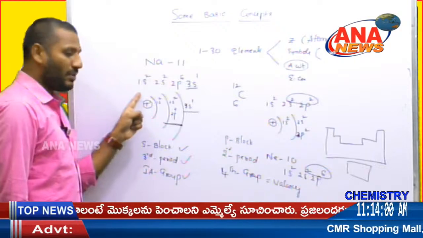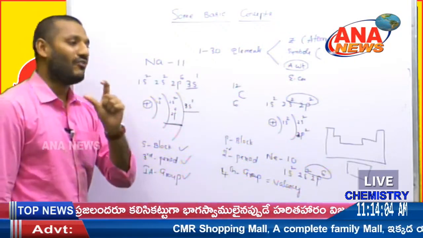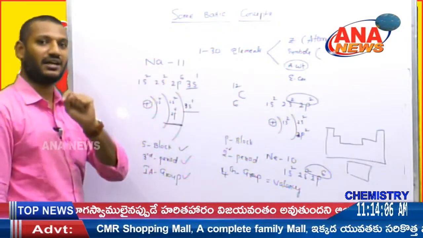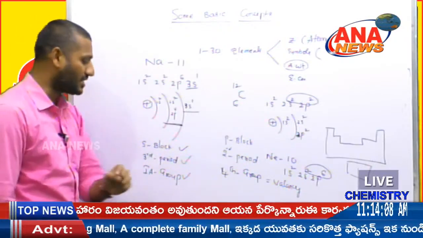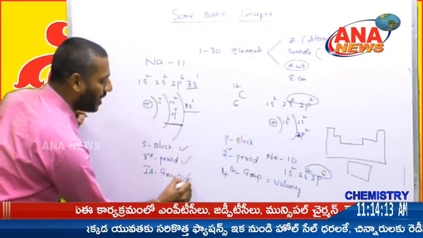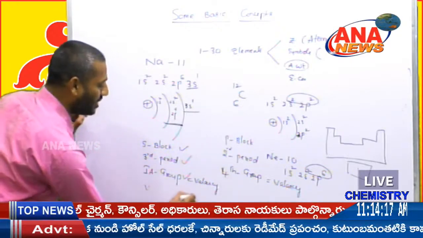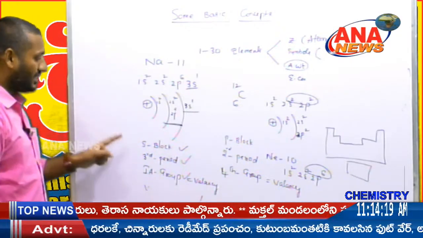That's why sodium metal can easily lose 1 electron, and that is called valency. So for groups 1 to 4, the group number is equal to the valency. In the sodium atom, the valency is equal to 1. So this is the information.